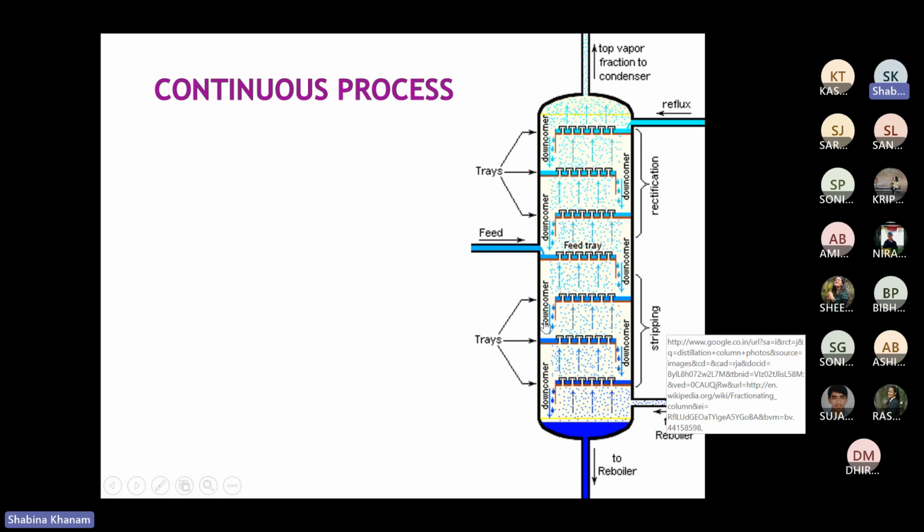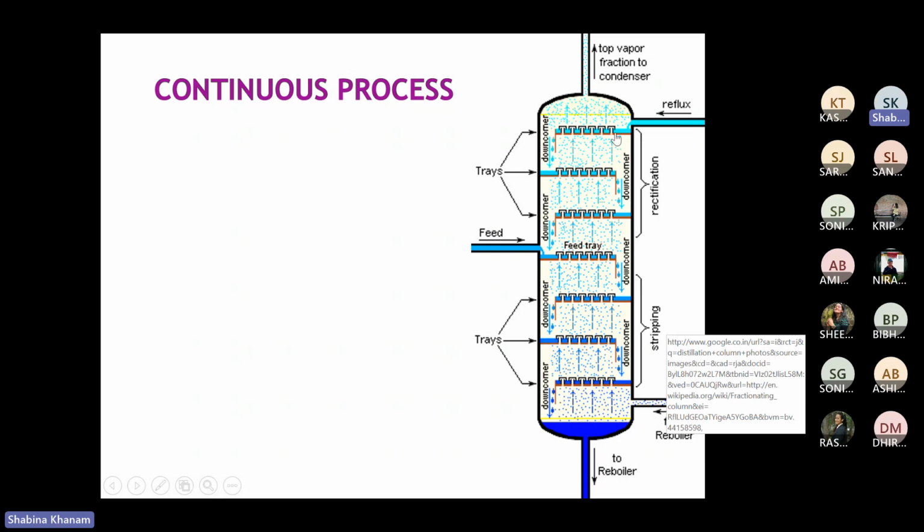Downcomer section means the open part of the plate, which is used to ensure that liquid movement is smooth. Because if you consider the reflux, it basically enters the first plate. When liquid comes over here, it travels the whole plate, or more precisely, it spreads over the plate.